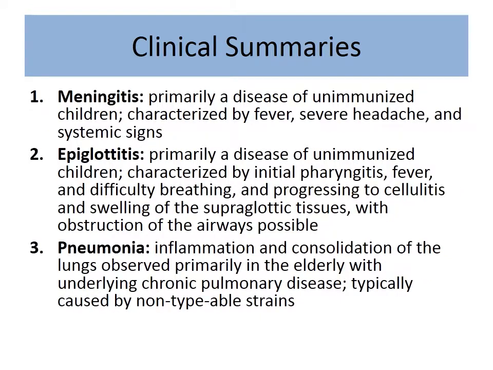In an unvaccinated individual, a child, meningitis remains the number one clinical presentation. Epiglottitis basically is inflammation of the epiglottis. If you remember your gastrointestinal tract, when the food bolus goes down, past the lower part of the larynx, pharynx, the epiglottis covers up, pushes up on top of the air pipe so the bolus of food can pass.